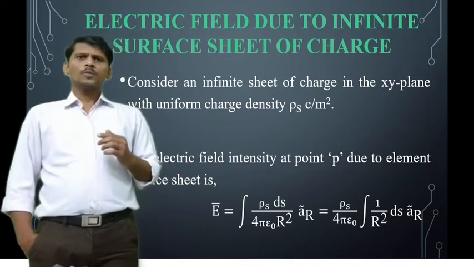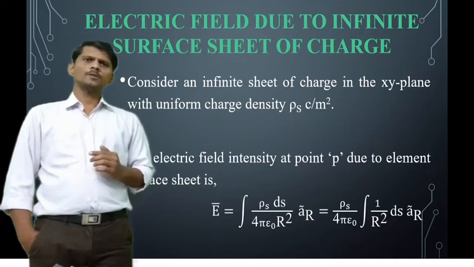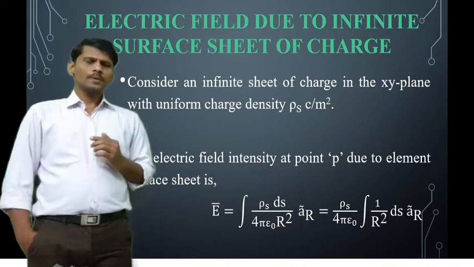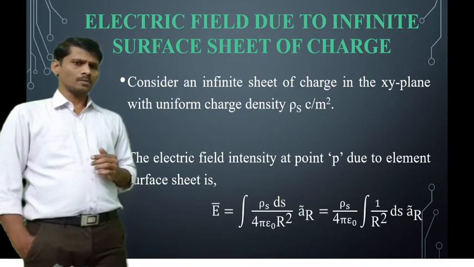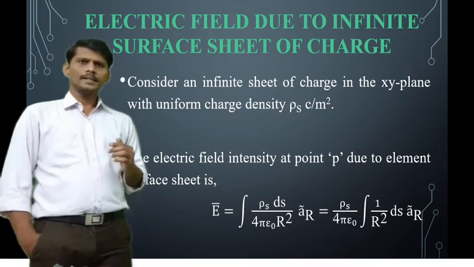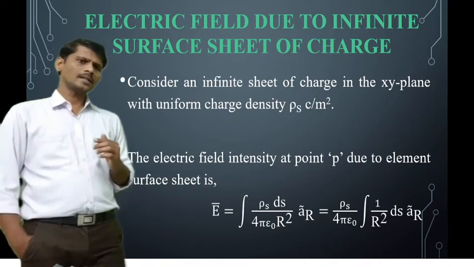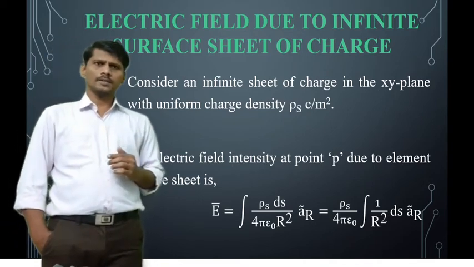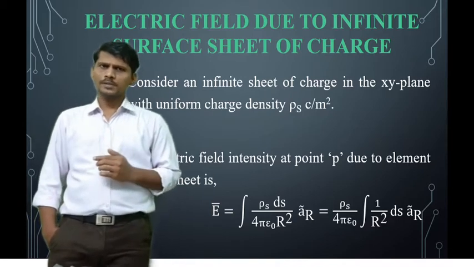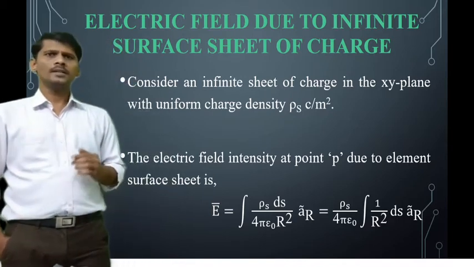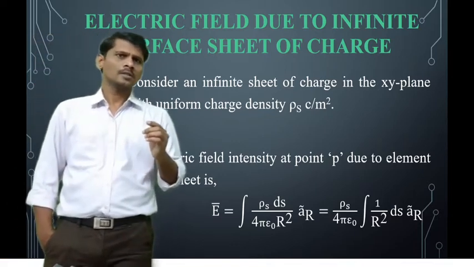Rho s by 4 pi epsilon naught is constant, so it is taken before the integration: E bar equals rho s by 4 pi epsilon naught surface integral of 1 by r square dS a r bar. Here a r bar is the unit vector in the direction and dS is the differential surface area. First calculate the distance vector capital R bar and the unit vector a suffix capital R bar.